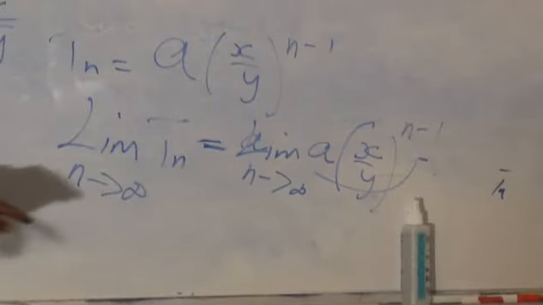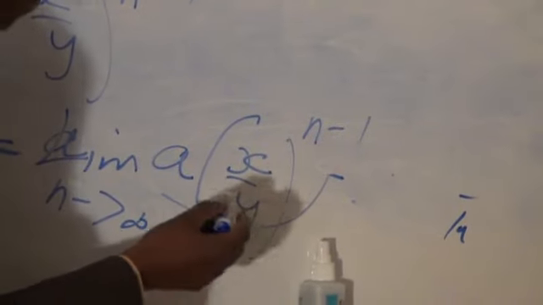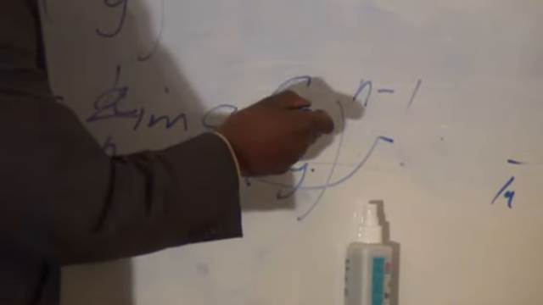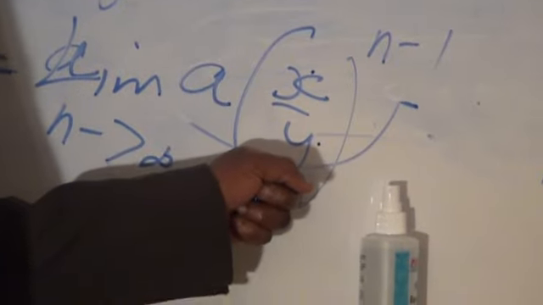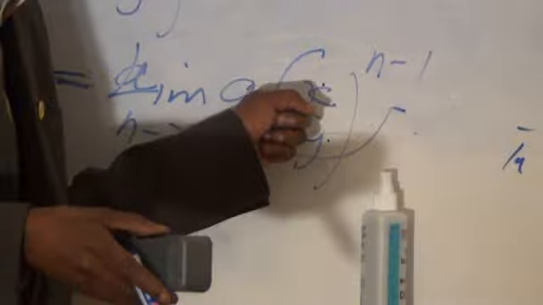x over y, limit of that. But now let's check something. If y is bigger than x, what are we having? We are saying that it is going to grow much, much faster than x. So effectively, we are now having a fraction where our denominator is becoming bigger and bigger and faster than that.